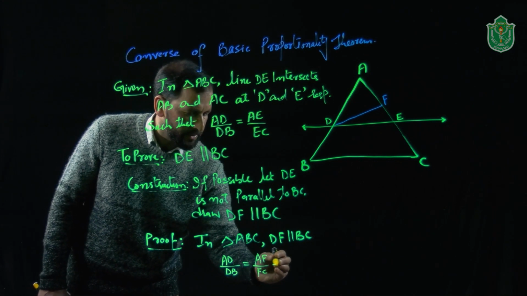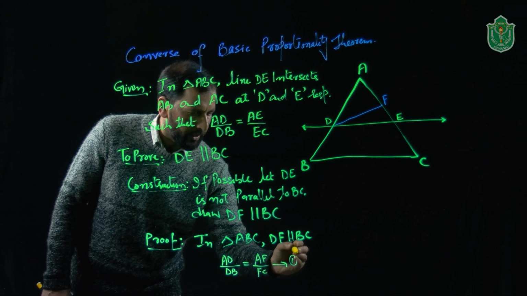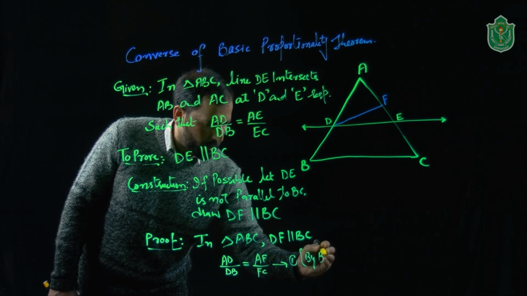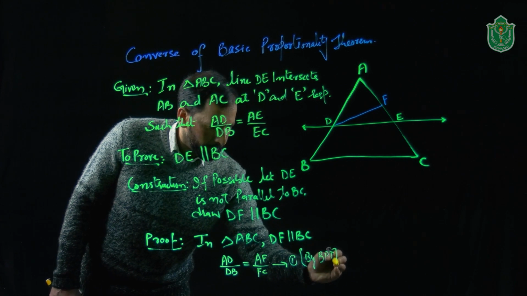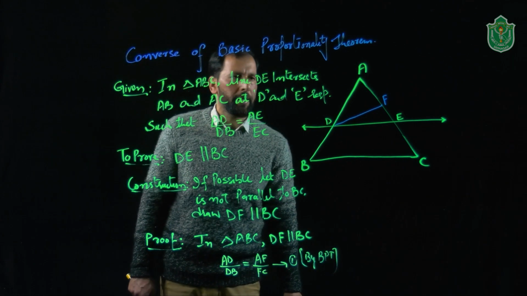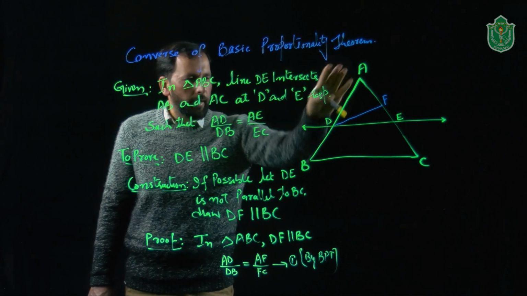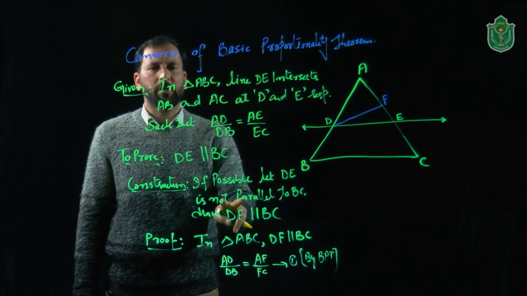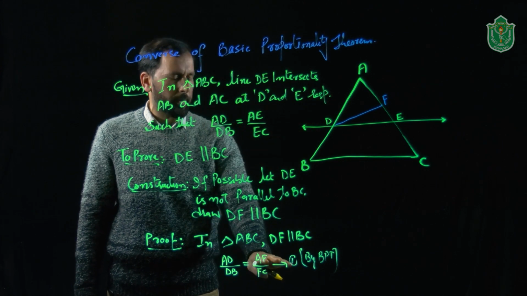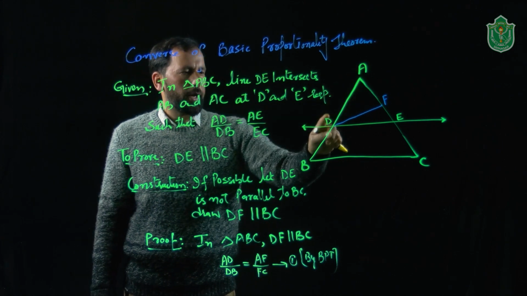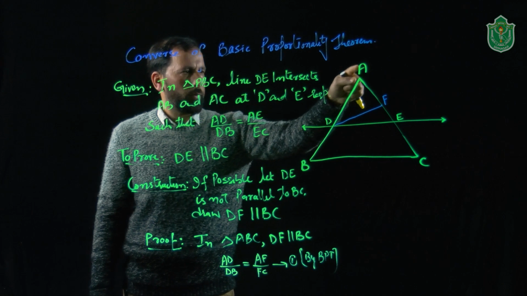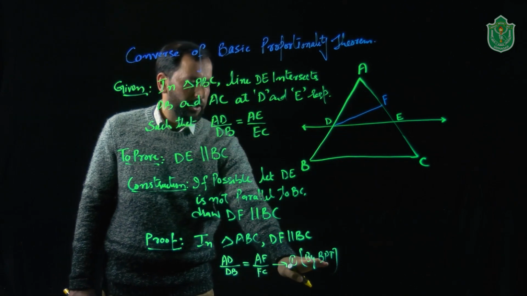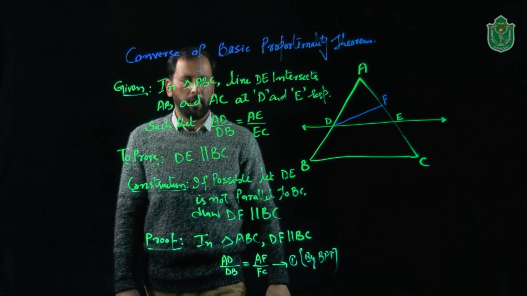We call this 1, and the reason is by basic proportionality theorem. We take triangle ABC in which DF is parallel to BC by construction, and we apply the basic proportionality theorem.